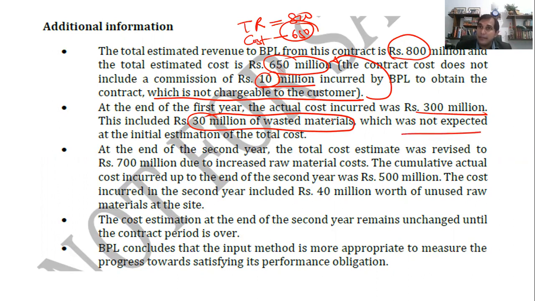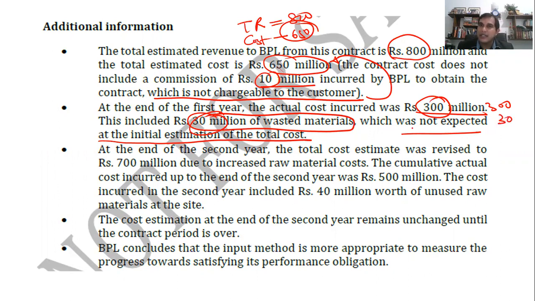So that's abnormal at the initial estimation of the cost. Even though 300 million was incurred, are you going to take this 30 million as a cost of this construction contract? Now you can think whether you are going to take it or not.